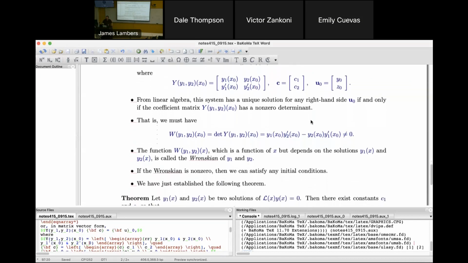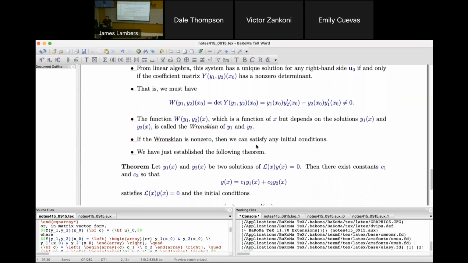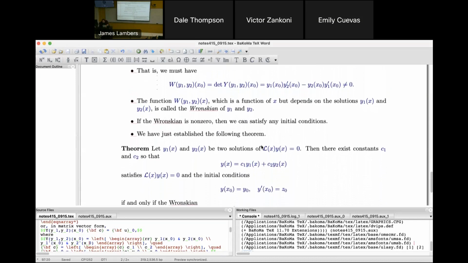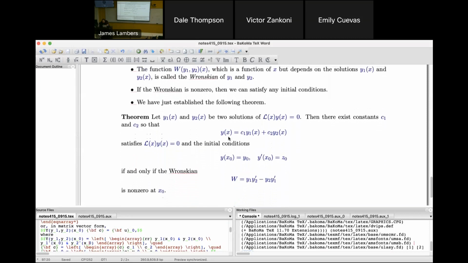So, if the Wronskian is non-zero, we can satisfy any initial conditions. So we're able to characterize all solutions. That gives us this theorem.